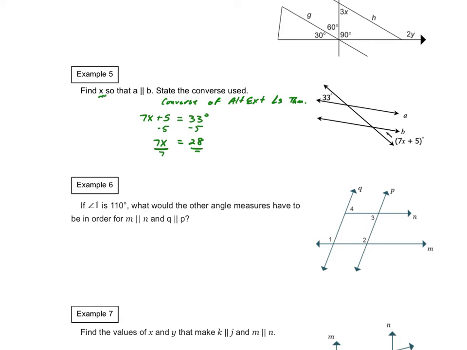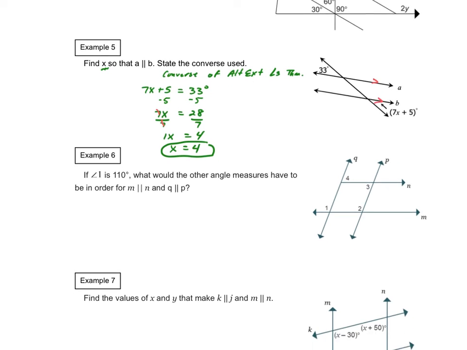Divide both sides by 7, so 1x is equal to 4. Again, 7 divided by 7 is 1. And then we end up with just x is equal to 4. If x is equal to 4, then that would make the alternate exterior angles congruent, which would make those lines parallel. So that would allow for lines A and B to be parallel.